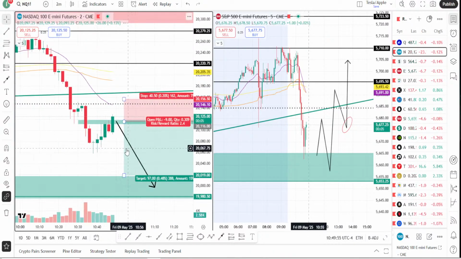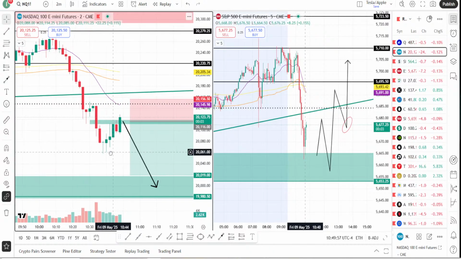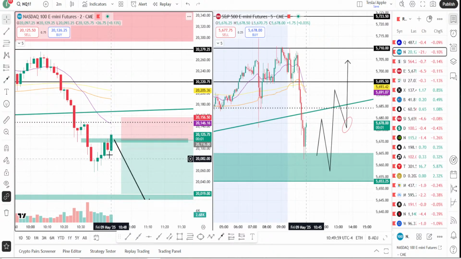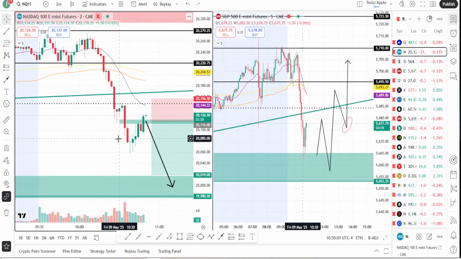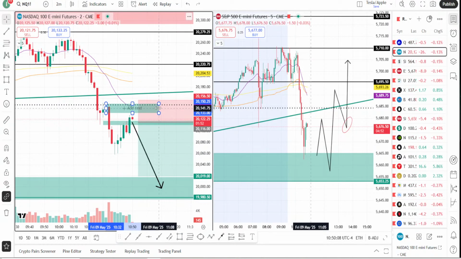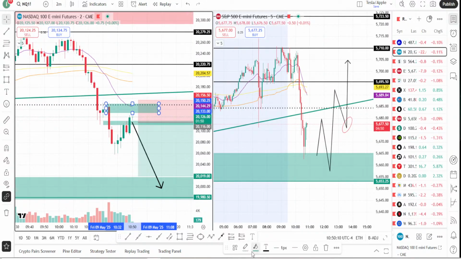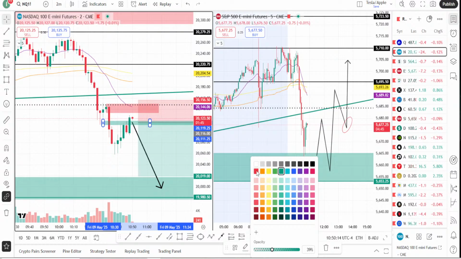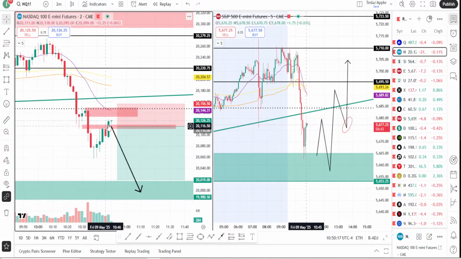Go check out the 2-minute time frame here. Take a look at what's going on. Okay, we still got our supply zone here as well. We got the 21 EMA here.